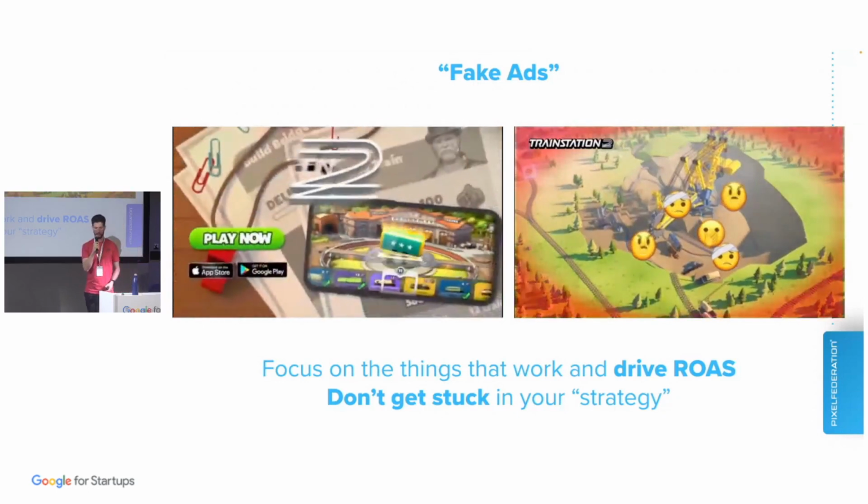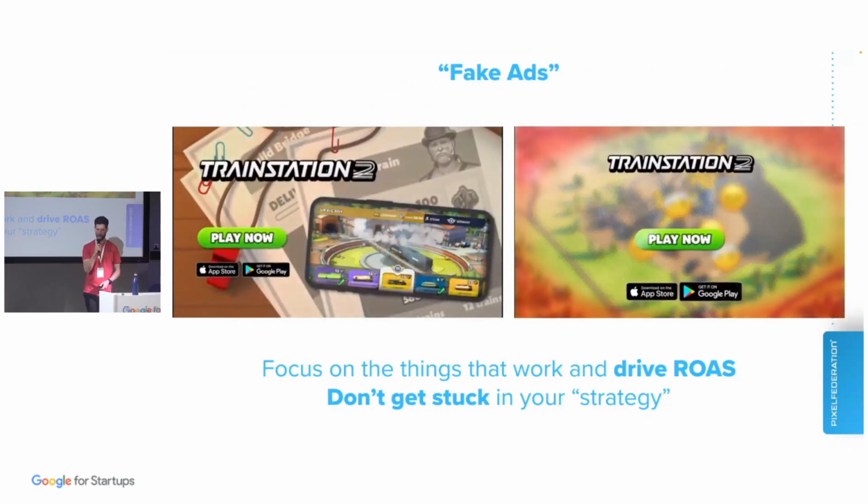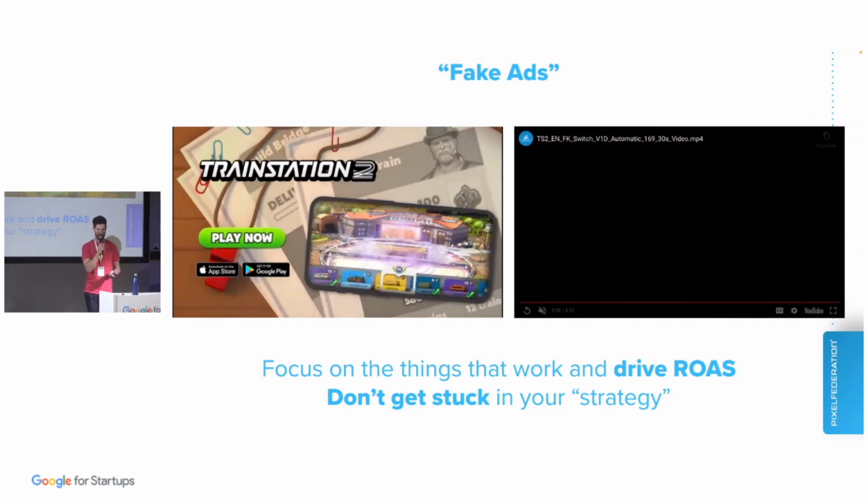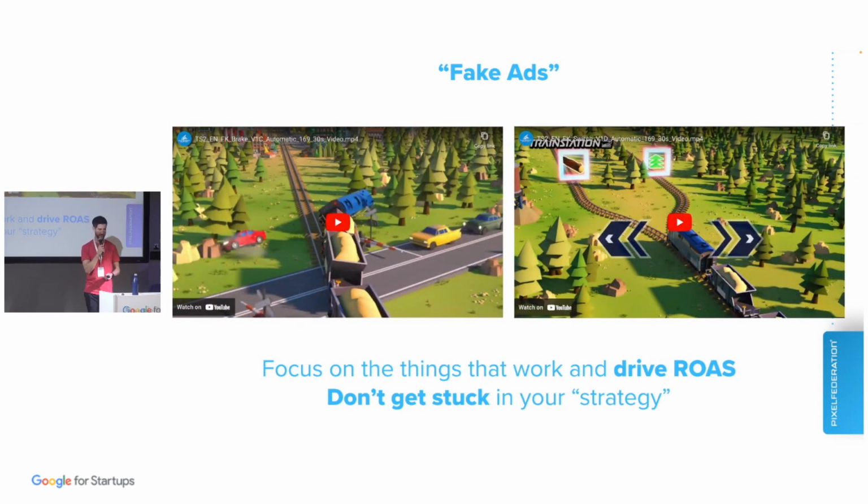This type of creative. And the lesson is: focus on things that work and drive ROAS and value, and don't get stuck in your strategy. We got stuck in our creative strategy, that we don't want to use fake ads because they are fake and we are misleading the players.